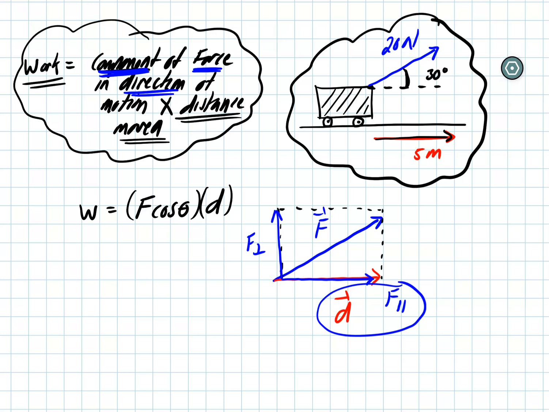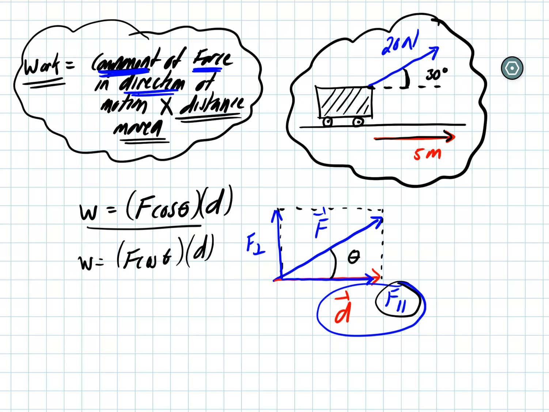Now, if we go back to our basic trig, we can see that the component of the force parallel to the motion is going to be the adjacent side of this right triangle. So work, in this case, is, well, here it is right here, but I'll just write it again because I'm just excited to talk about it, is F cosine, that's the parallel part, times the distance through which that force acts.